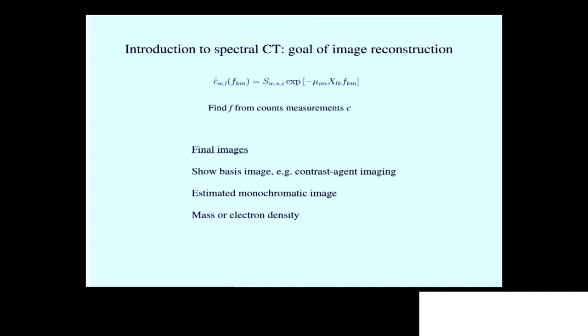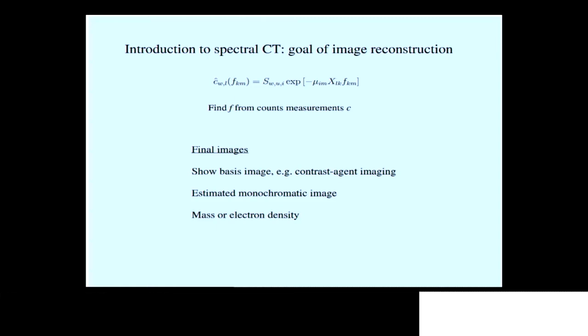So what are we trying to do in spectral CT? We're trying to turn these transmitted photon counts into the material maps, to recover these material maps F from the transmitted photon counts, okay? Those material maps F are what we're solving for, but they are not necessarily the images that we'll present.